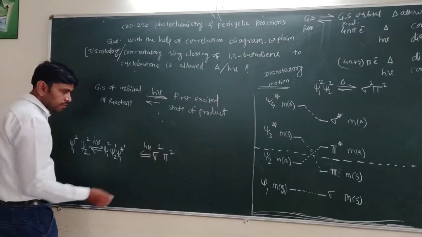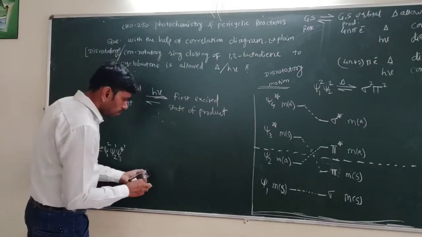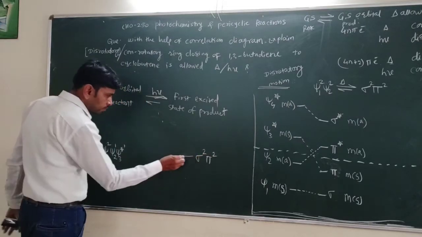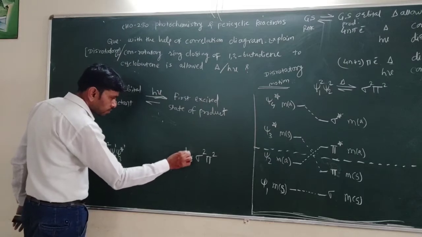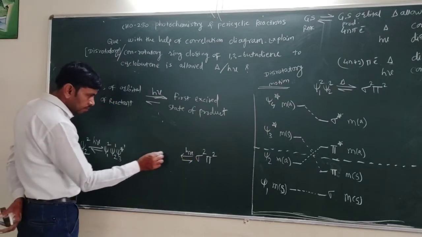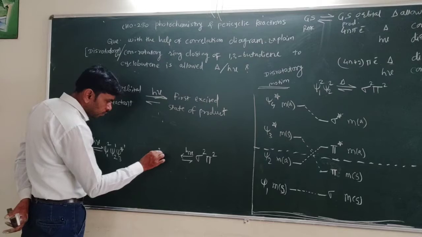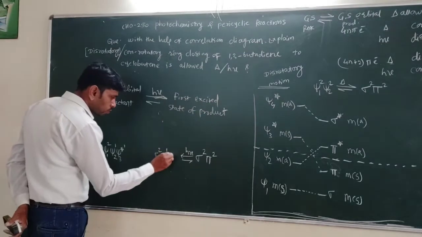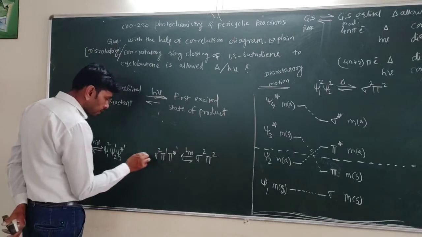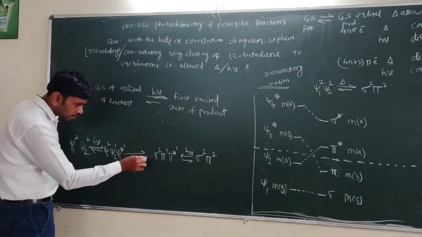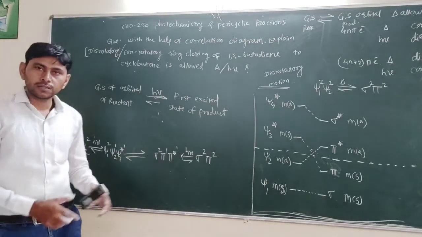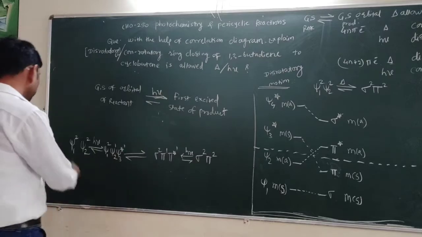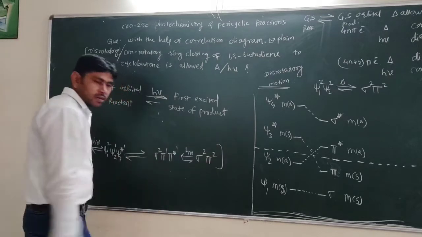In the similar case, sigma 2 pi 2 by photochemical mode of activation: sigma contains now 2 electrons, pi contains 1 electron, and one electron goes to pi star, which contains 1 electron. And now the correlation is there between the excited states. So this correlation is shown here in this manner.